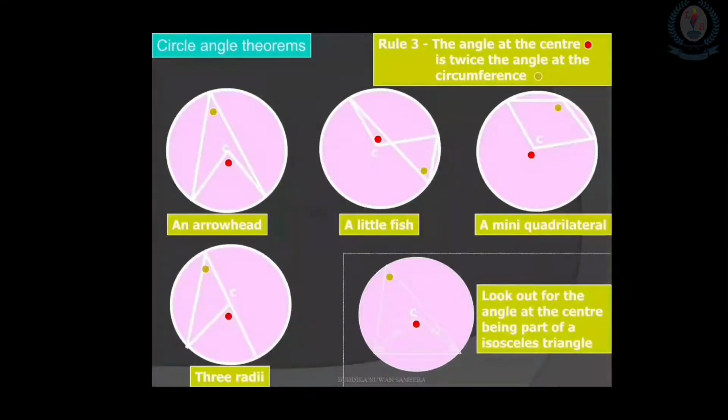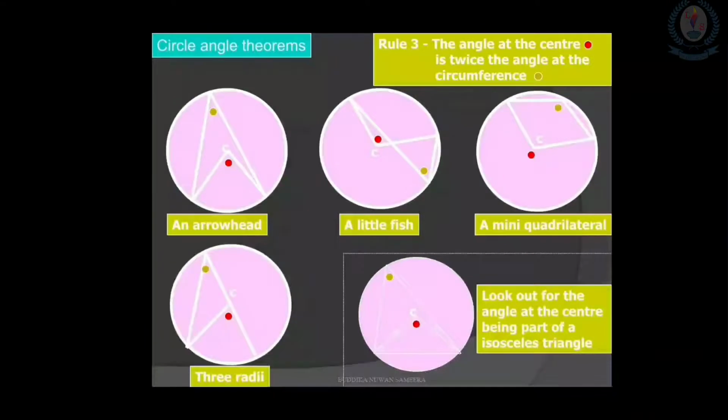Then the base angles of an isosceles triangle are always equal. So you can use this to find the angles. It's very important for you all when you are doing the sums.